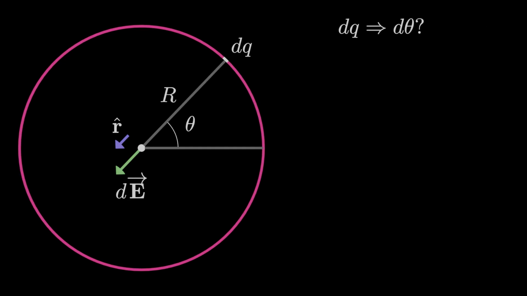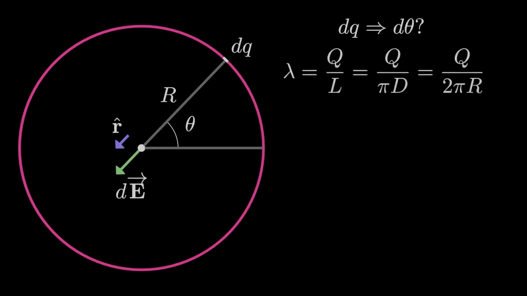The linear charge density of this ring could be written as the total charge of the ring, q, divided by the total length of the ring, the circumference, which is pi times the diameter, or 2 pi r. Now, the usefulness of such a definition comes about when we consider different segments of the ring.